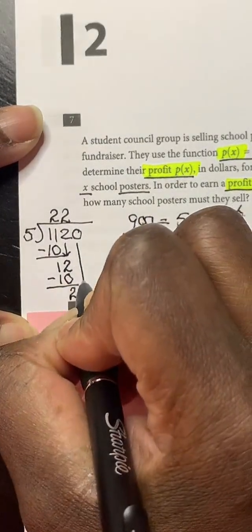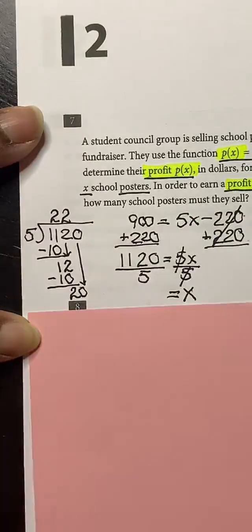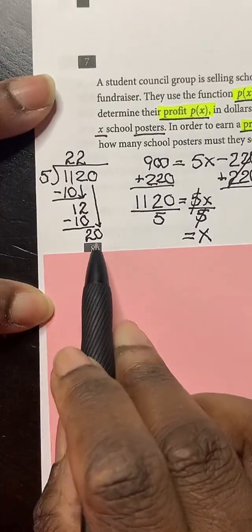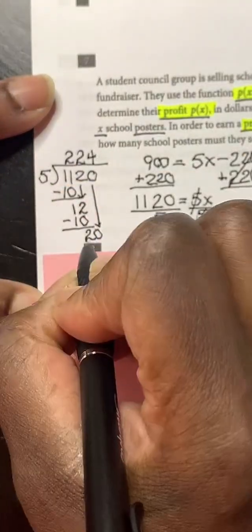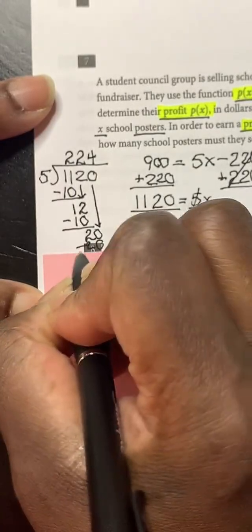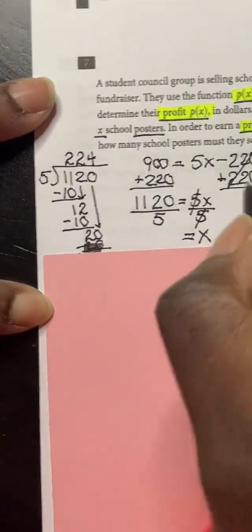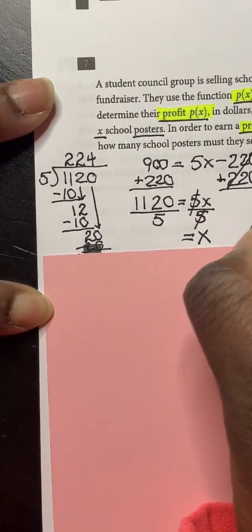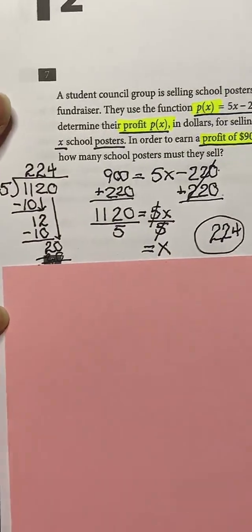Bring down the next term, which happens to be a 0. Now how many groups of 5s can go into 20? Well, that's exactly 4 because 5 times 4 gives me 20. And we don't have a remainder. So your answer is going to be 224.